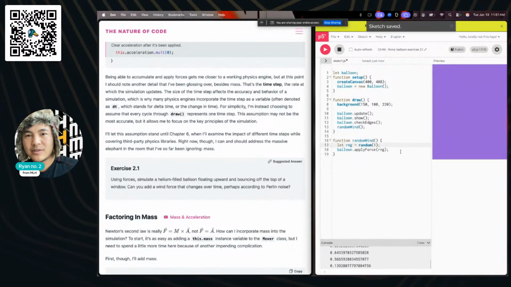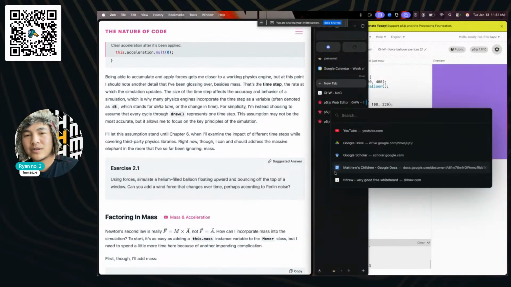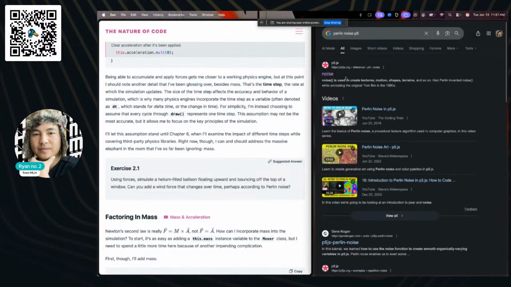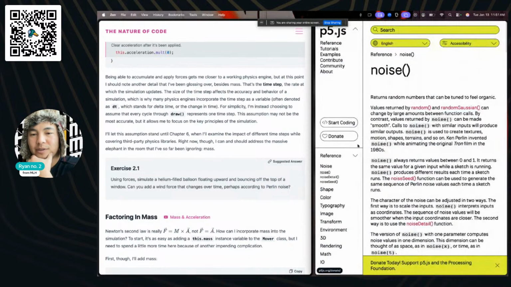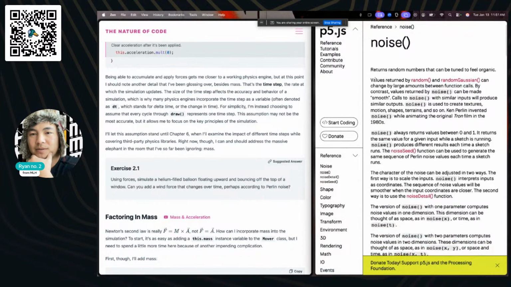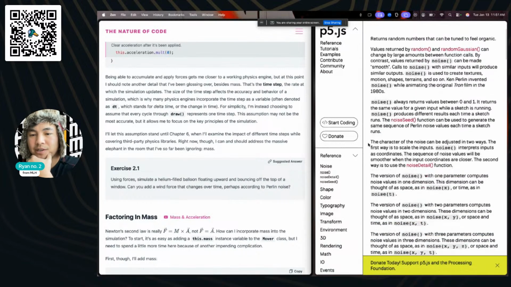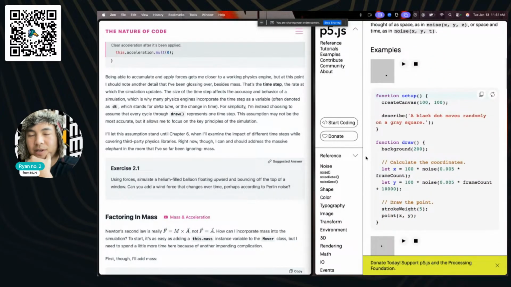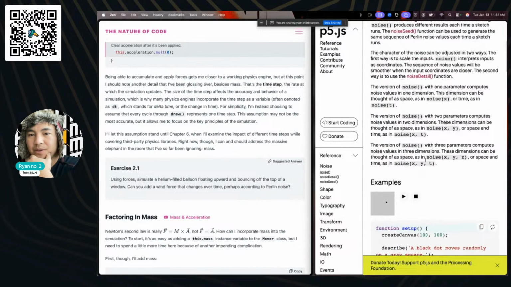I think there's another way to run actual Perlin noise inside of P5, so I'm just gonna look that up. Oh, there we go. That's what we needed. We needed to run noise, not random. Okay, so what are the parameters that we need for noise?